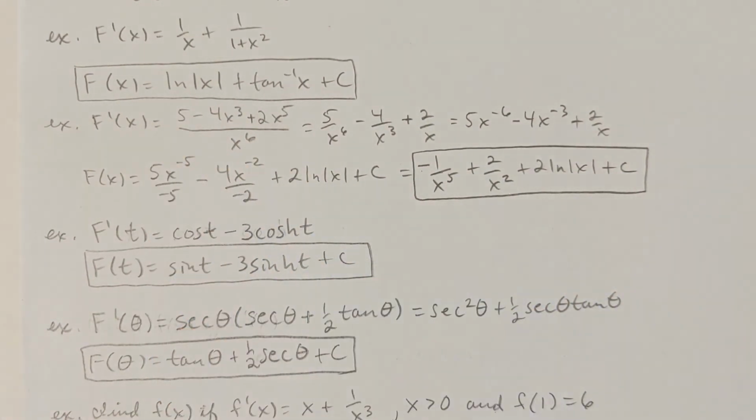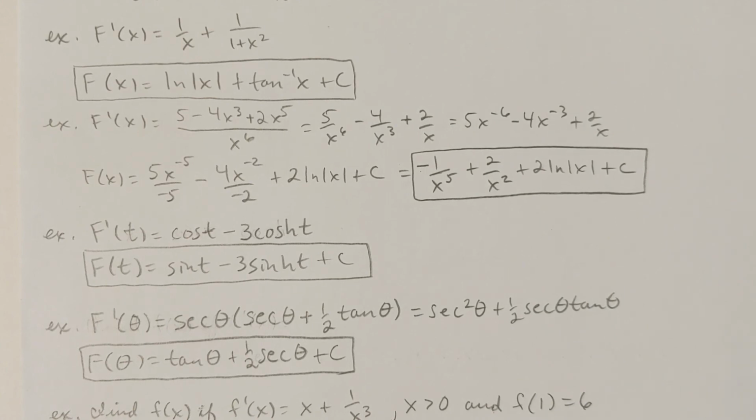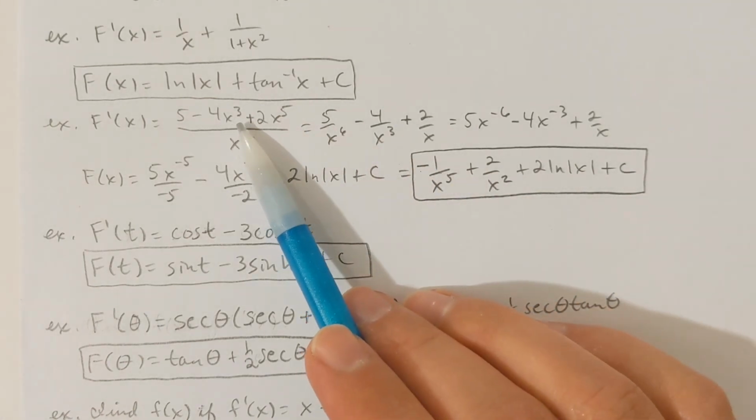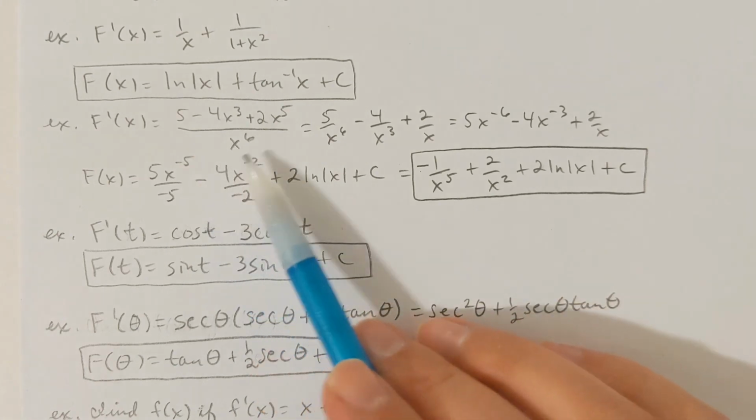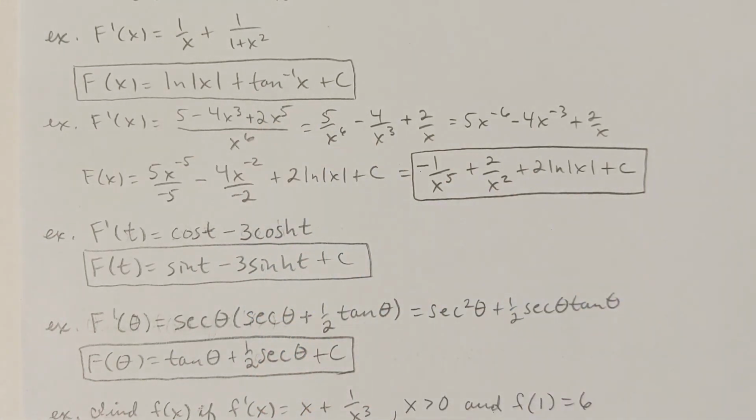Here's another example. f prime of x is 5 minus 4x cubed plus 2x to the 5th, all over x to the 6th. What is the antiderivative? We looked at the quotient rule a lot when we were working with derivatives, but there is no reverse quotient rule.